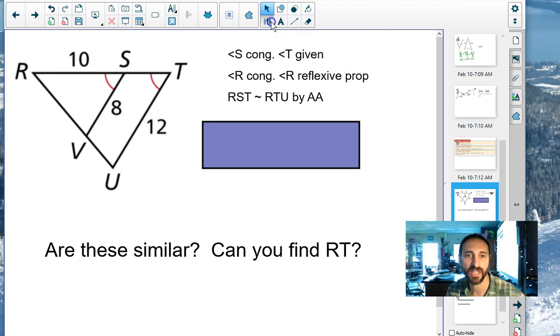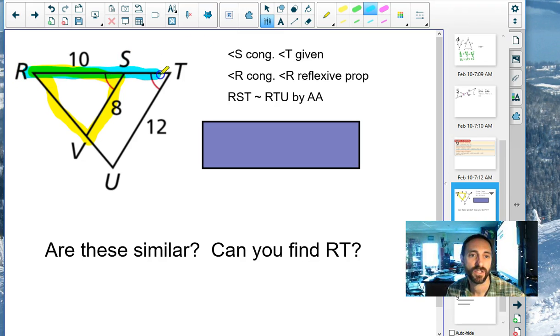So what I'm seeing here is, let me get out my handy highlighter. There we go. This triangle is similar, or it might not be similar, but we'll see if it is, to this triangle, right? So that's why I'm comparing angles S and T and R to R, because they overlap.